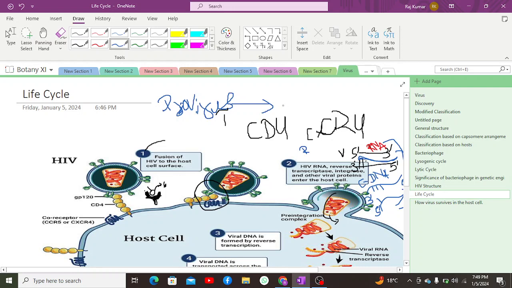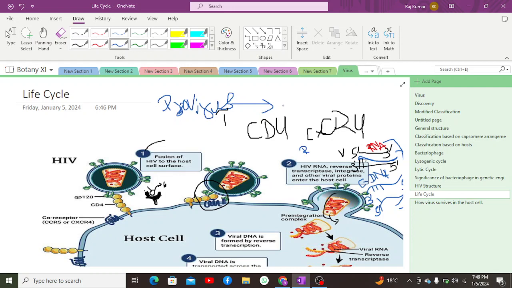Initially, when a person is infected by HIV, the person doesn't show any symptoms for many years, around 8 to 10 years, and after 8 to 10 years, it shows various symptoms within the person.